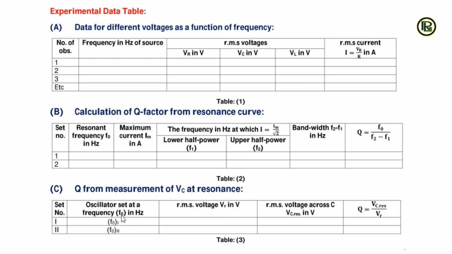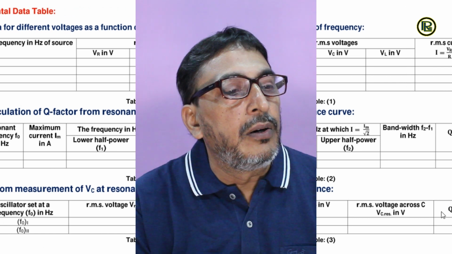So I have to find out first the resonance frequency, then RMS voltage applied to the circuit, then RMS voltage across the capacitor at resonance, that we have to record, and then Q will be Vc at resonance upon Vr. That we have to compare. These two data we have to compare for our experiment, whether we are getting the right result or not.